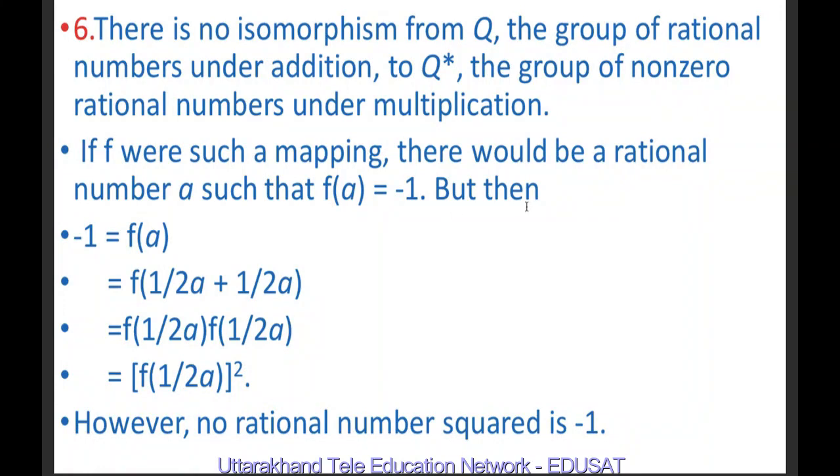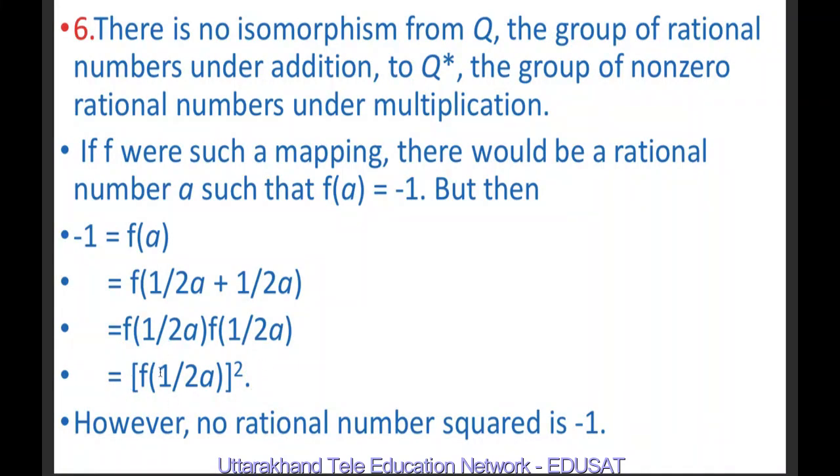But in that case, -1 is equal to f of a, and f of a can be written as f of (half a plus half a), because Q is a group of rational numbers under addition. So this is f of (half a plus half a), and this is equal to f of half a into f of half a, because in this case the operation is multiplication, because Q star is the group of non-zero rational numbers under multiplication. So f of half a into f of half a is f of half a whole square.